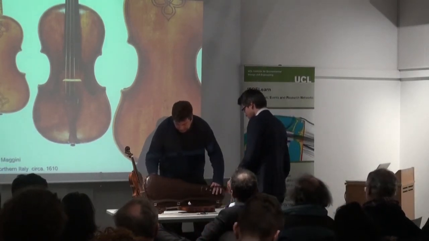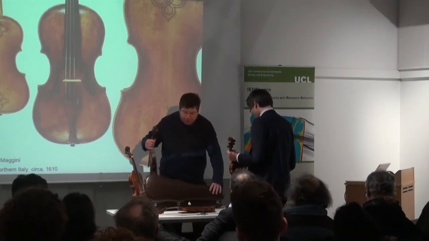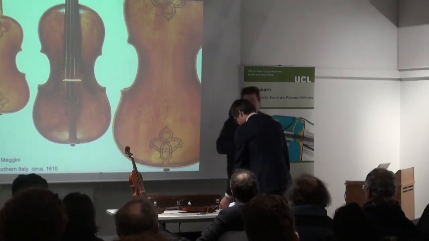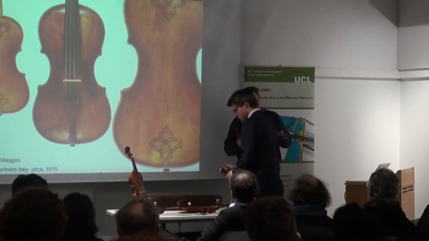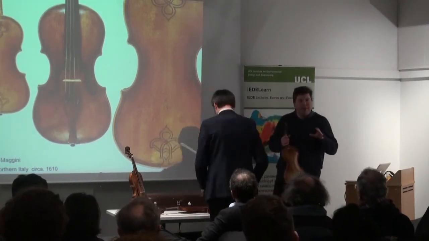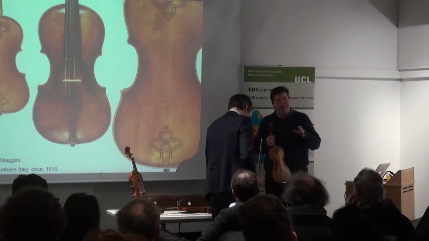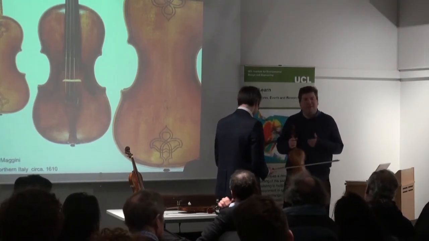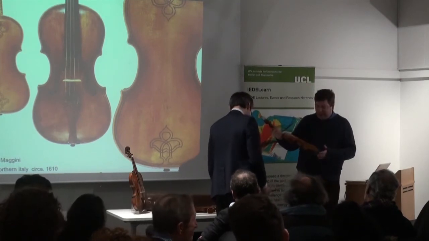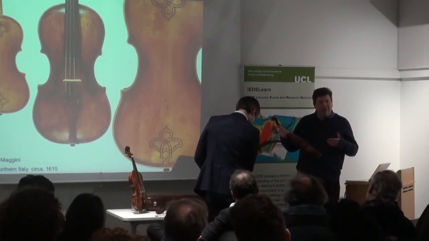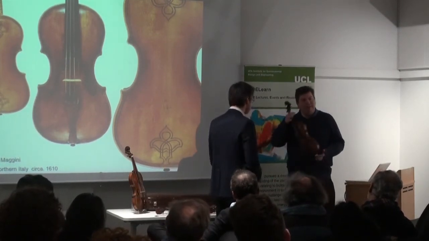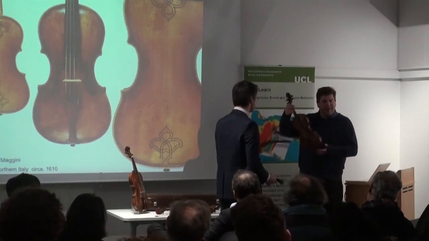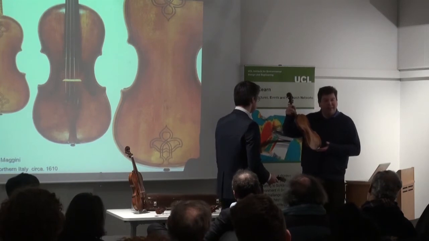Now, I've said that Brescia is a very important place, and I've mentioned Gaspar di Salo quite a few times as not the inventor of the violin, but as the preeminent instrument maker in the middle of the 16th century at the time that the violin was invented. So, unfortunately, I don't have anything by him, but this is made by his apprentice, Giovanni Paolo Magini, and it was made in about 1610.